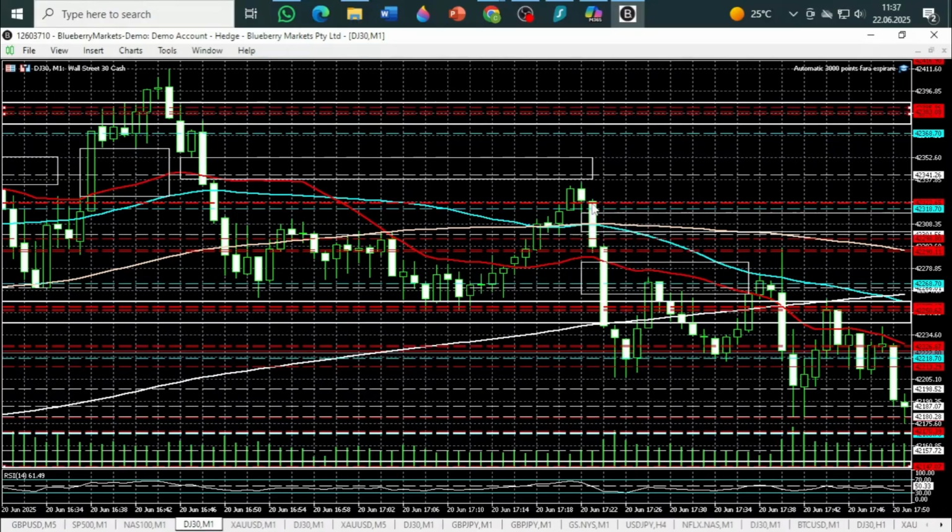We can put a sell stop here after the first bearish candlestick, and we can see that it's a good opportunity for a sell.